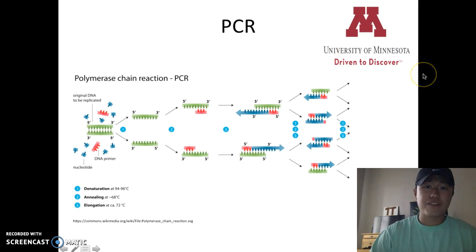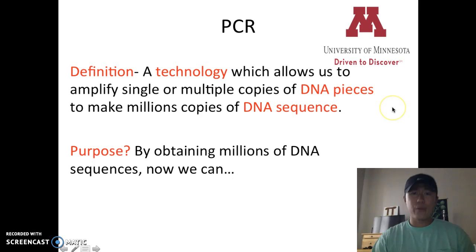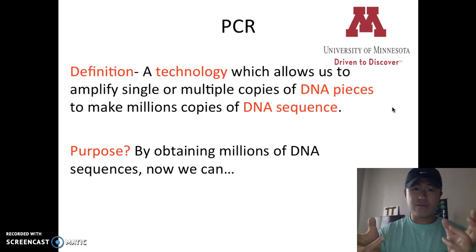Let's talk about first what PCR is. The definition of PCR stands for a technology which allows us to amplify single or multiple copies of DNA pieces to make millions of copies of a DNA sequence. In other words, we have a single or a couple DNA samples, right?